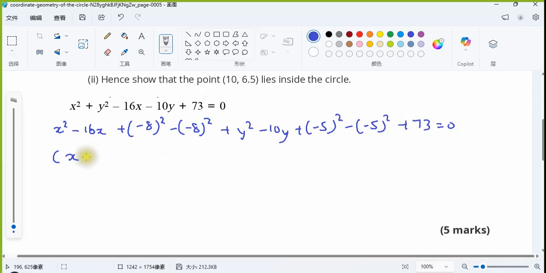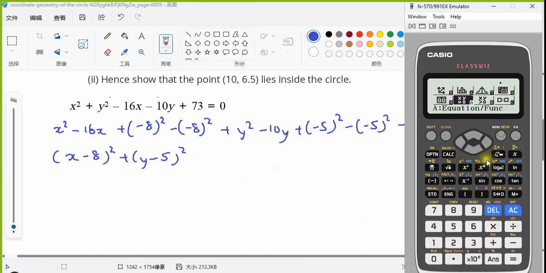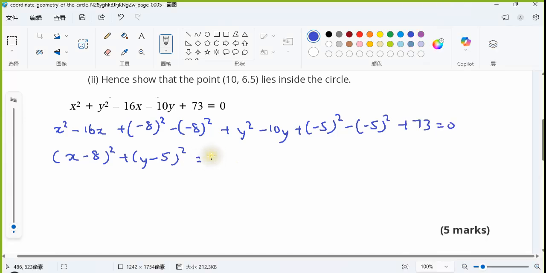So we have (x minus 8) squared plus (y minus 5) squared, and then negative 8 squared minus 5 squared plus 73 is negative 16, so equals 16, and 16 is actually 4 squared. So the center is (8, 5) and the radius is 4.